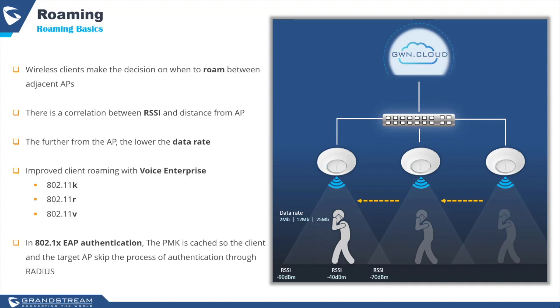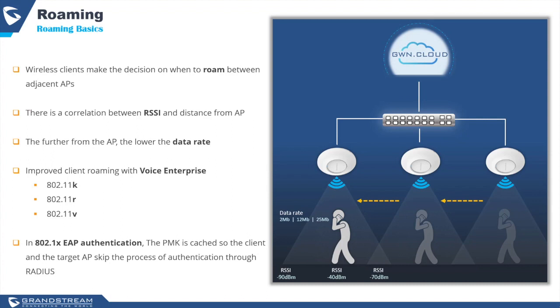So an important thing to always remember is that the decision to roam between APs is made by the wireless client. In other words, it is the wireless client that decides when to roam to the next adjacent AP. One mechanism that is widely used by wireless clients to determine when they need to switch over is called RSSI, or the Received Signal Strength Indicator.